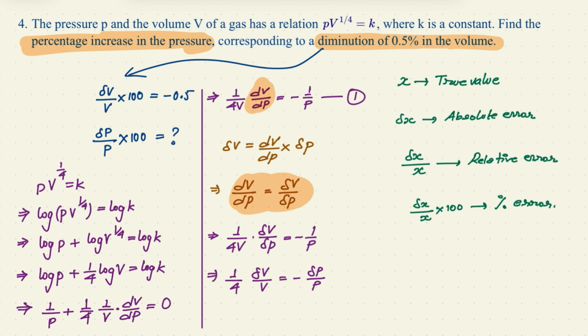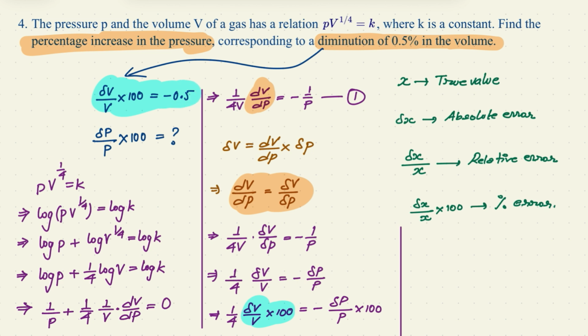And since we have to find the percentage increase in the pressure, we will multiply this equation both sides with 100. Then we will have 1 by 4 del V by V into 100 equals to minus del P by P into 100. And we know the value of del V over V into 100 from here, that was given as minus 0.5. So let us put that down. Then we will have 1 by 4 into minus 0.5 equals to minus del P by P into 100.